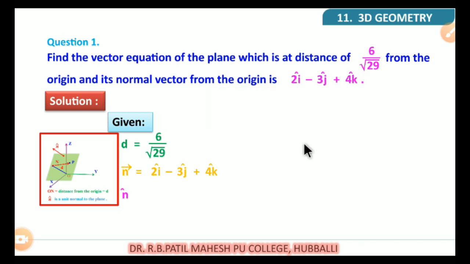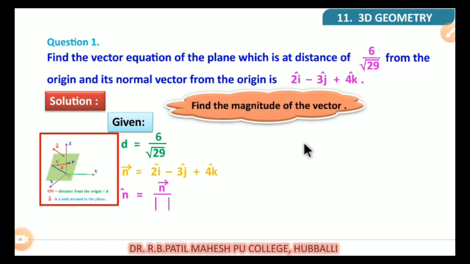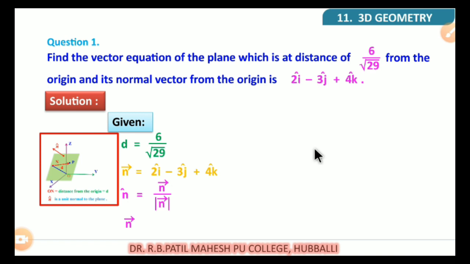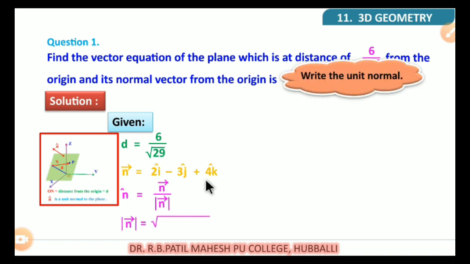So the unit normal, that is n cap, is equal to vector n divided by the magnitude of n vector. So now find the magnitude of the vector, that is magnitude of n vector is equal to square root of 2 square, which is 4, plus minus 3 whole square, which is 9, plus 4 square, which is 16. Therefore it is exactly equal to square root of 29.